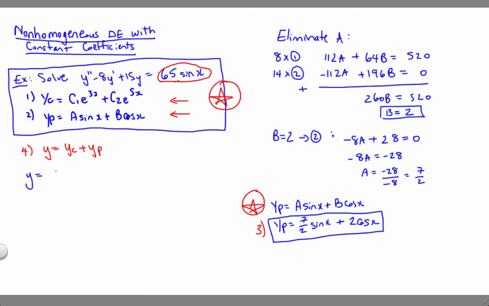So y is equal to, copying down yc, c1 e to the 3x plus c2 e to the 5x, and then adding on our particular solution, plus 7/2 sine x plus 2 cos x. All right, and this is what's called the general solution to the DE.